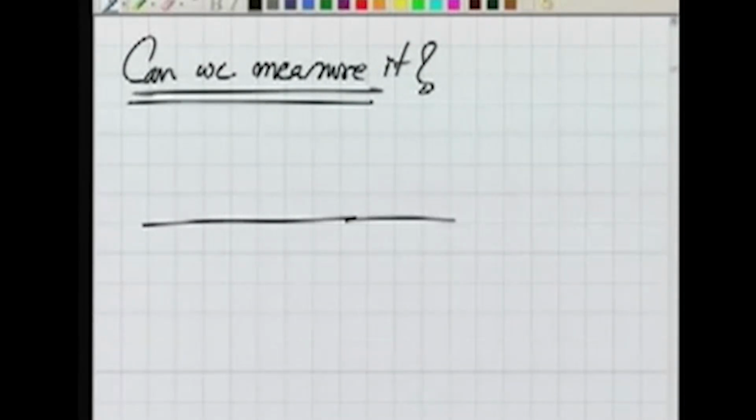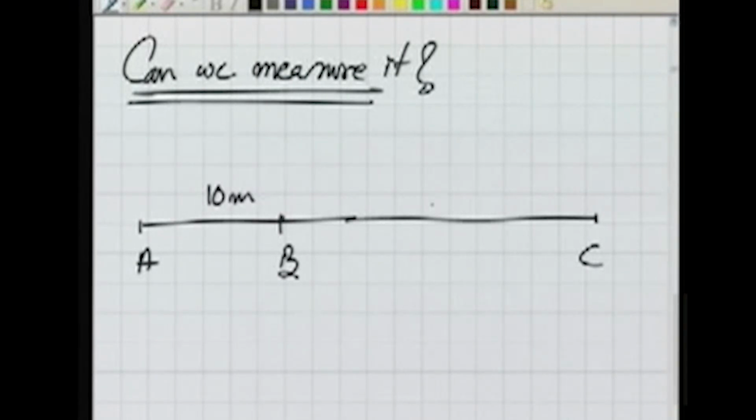There is a way. What we do, let us say there is a distance and this distance is A, B and C. Let us say AB is 10 meter and BC is 20 meter. These distances are measured on a flat horizontal surface very accurately. Okay? These three distances, we know that AB is 10 meters.